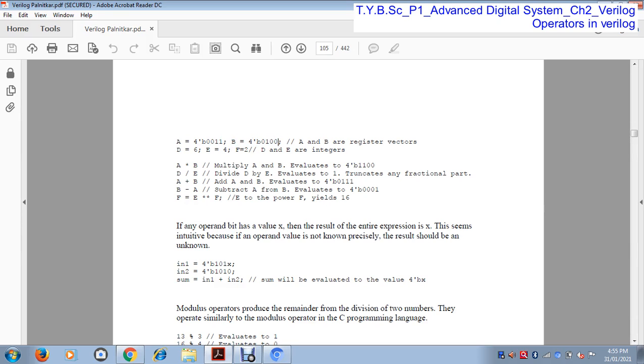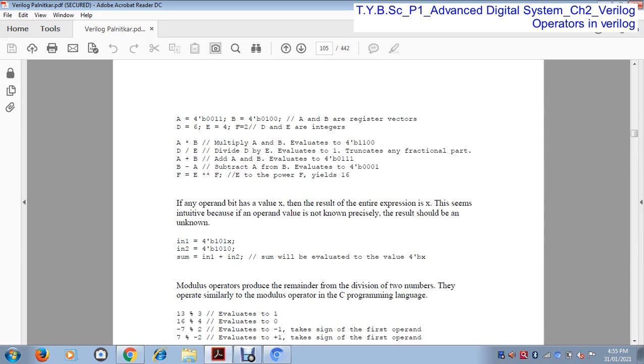So A multiply B, we multiply A and B. So here 0 into 0 is 0, 0 into 1 is 0, 1 into 0 is 0, 1 into 0 is 0. So the result is 0. Now D is 6, the value of D is 6, the value of E is 4, and the value of F is 2.